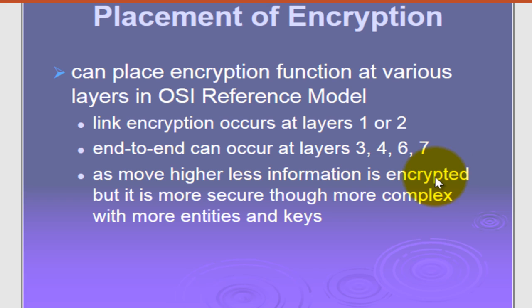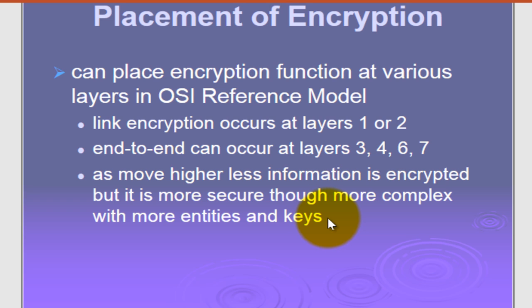You also observe that as you move to the higher layers, the information encrypted is much smaller. In lower layers you have to encrypt much data, whereas in higher layers you have to encrypt very little data, but the security becomes even tighter.